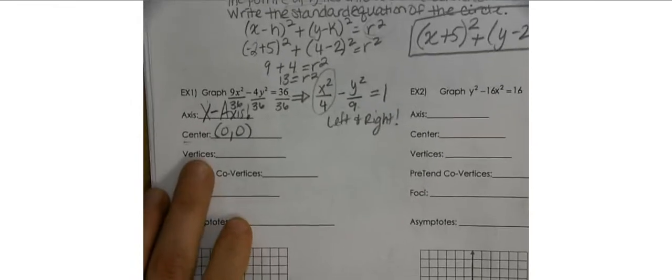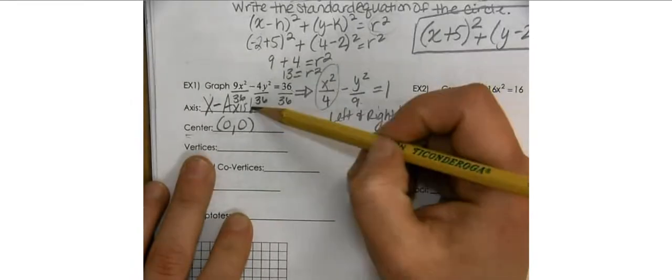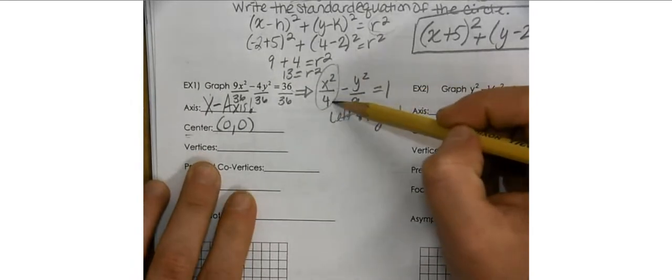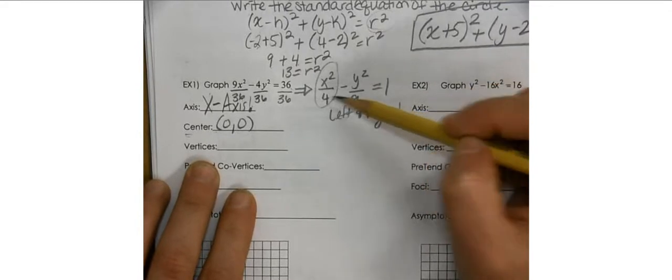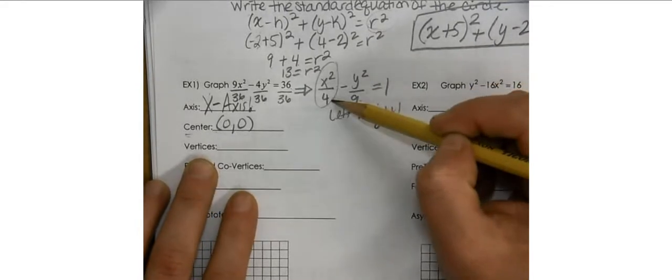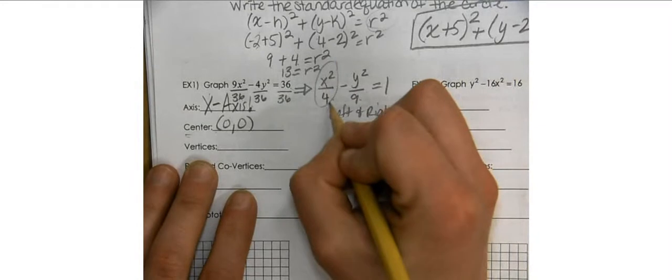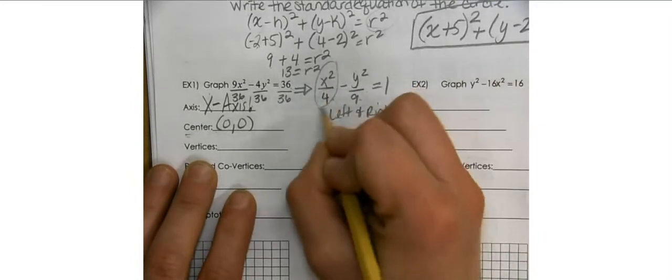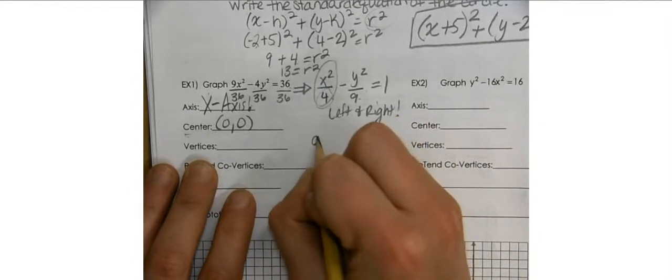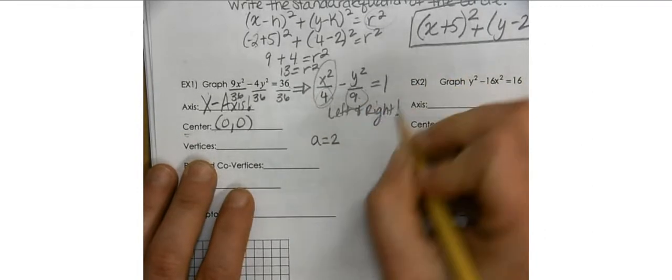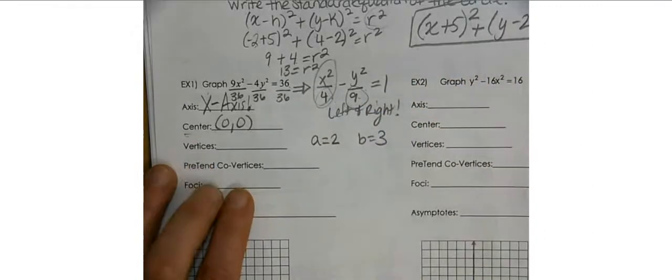And that's because it's going to help us to come up with our actual, accurate shape. Now your vertices, because it's along the x-axis, even though 4 is smaller than 9, 4 will be where our vertices are. So in order for me to find what a is, I'm going to take the square root of 4, and that's going to be 2. And the square root of 9, that's going to be 3. That's going to be b.